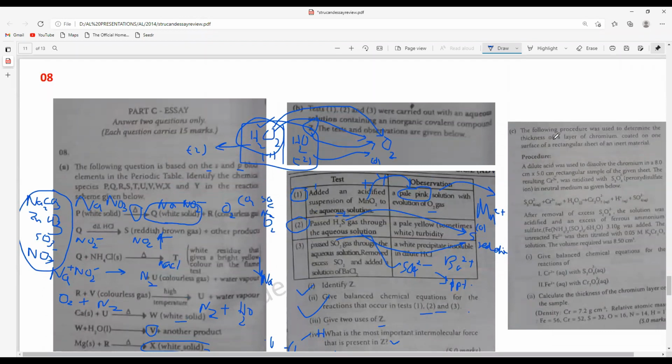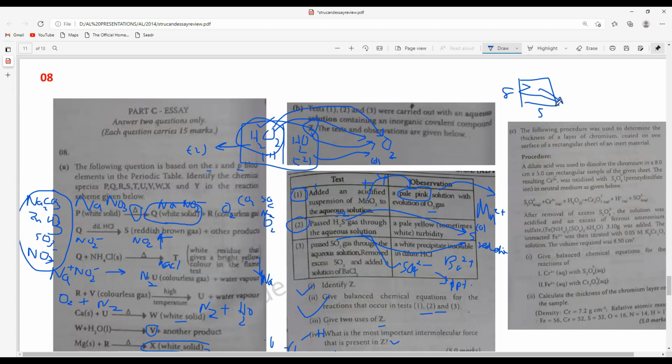And part C, the following procedure was used to determine the thickness of a layer of chromium coated on a surface of a rectangular sheet. So there is a rectangular sheet and there is chromium coated on top. And we use basically a dilute acid. So you can use either HCl or H2SO4. And you have been given the dimensions. So this is 18 by 5.